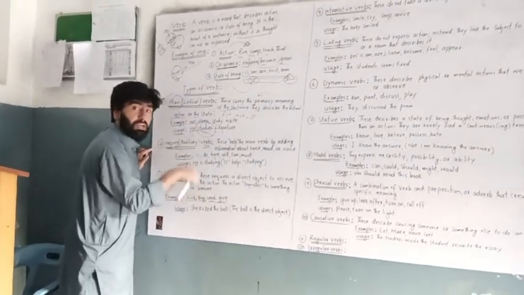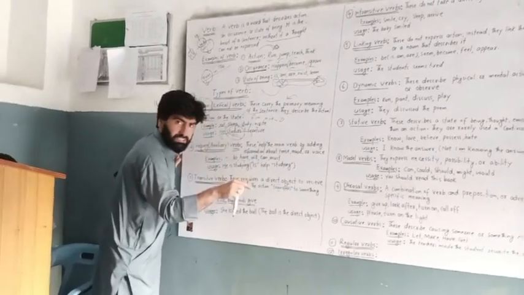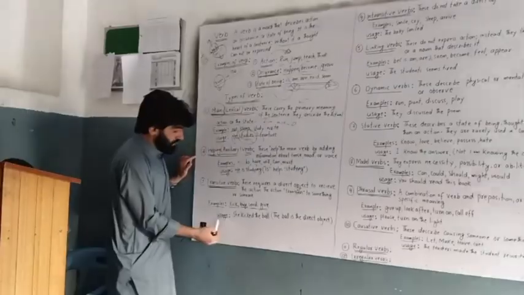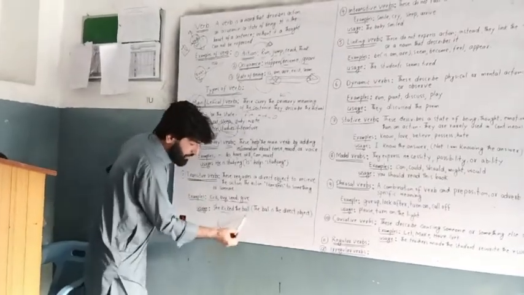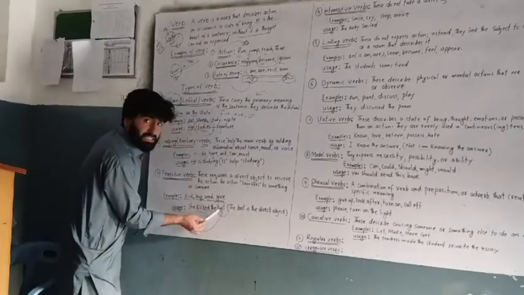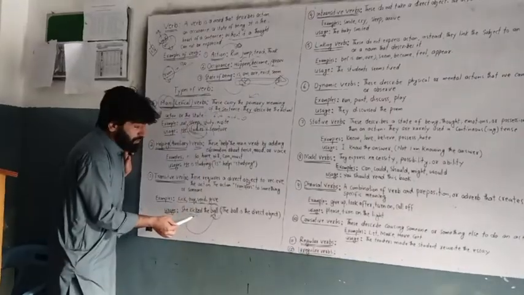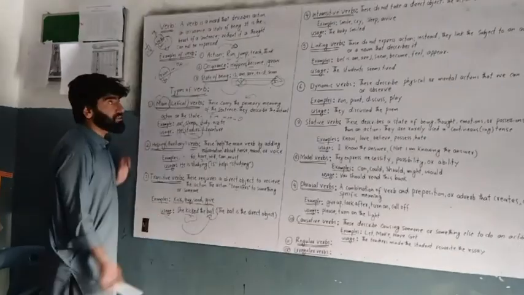These verbs require an object, and that object will be a direct object. For example, she kicked. What did she kick? She kicked the ball. So this ball is an object, and this ball is the direct object. A verb that requires a direct object is considered a transitive verb.